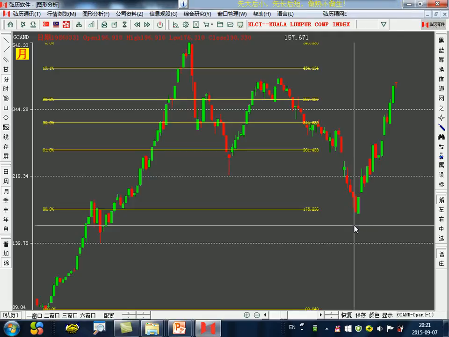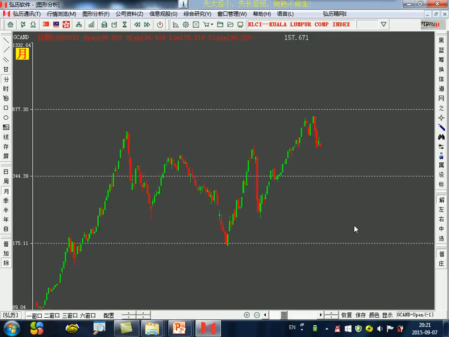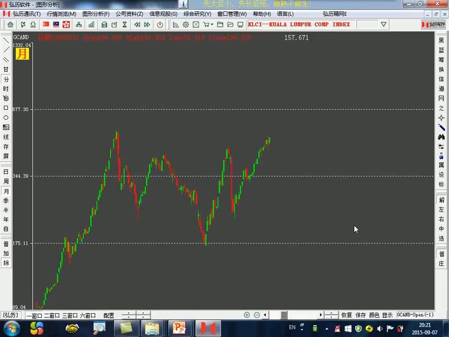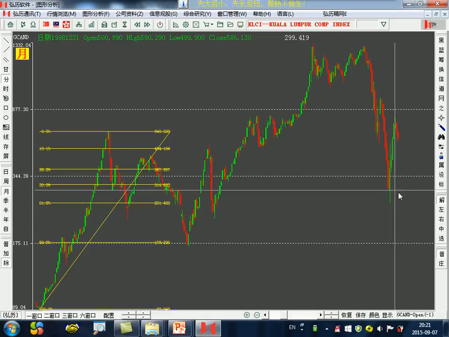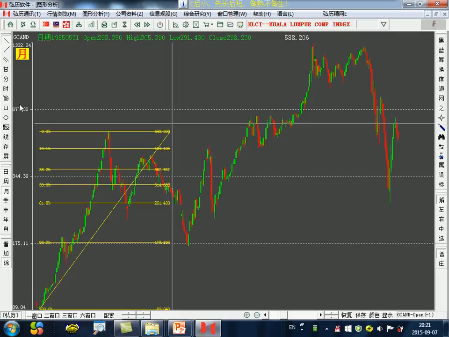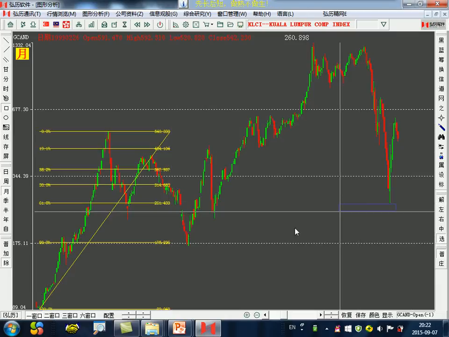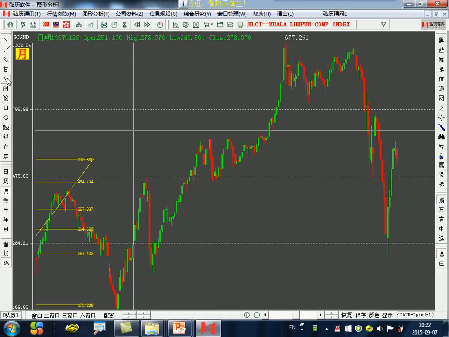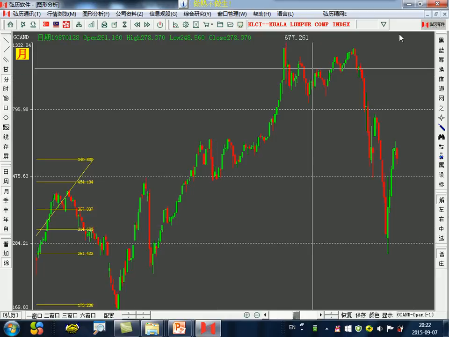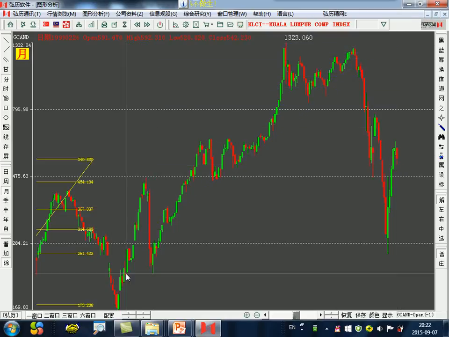This is the first time. And the second time is the same. This is the low point, right? If you confirm here's the low point, you can draw the golden section from the highest point to the beginning point.